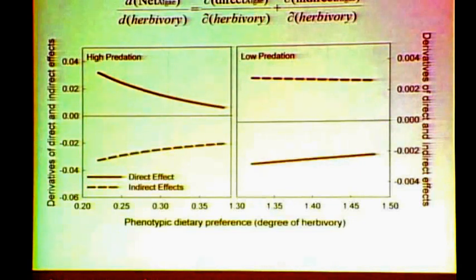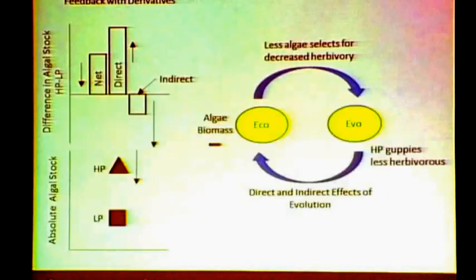And what that tells you is that if you plug those into this equation here, the sign of the indirect effect will always determine the dynamics of what's going to happen to algae. Because it's always larger, it'll dominate this equation. And so in order to understand how algal biomass changes as a function of evolution, you must know something about the indirect effects.